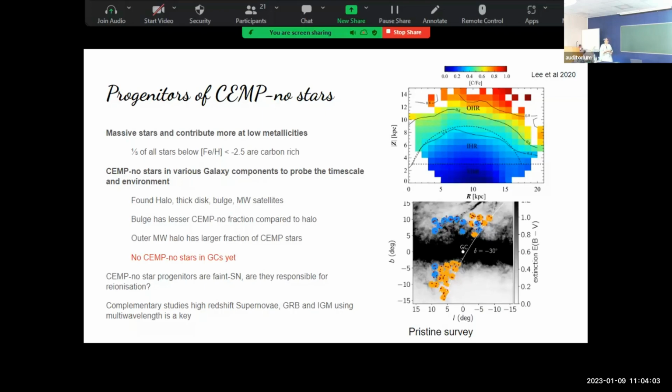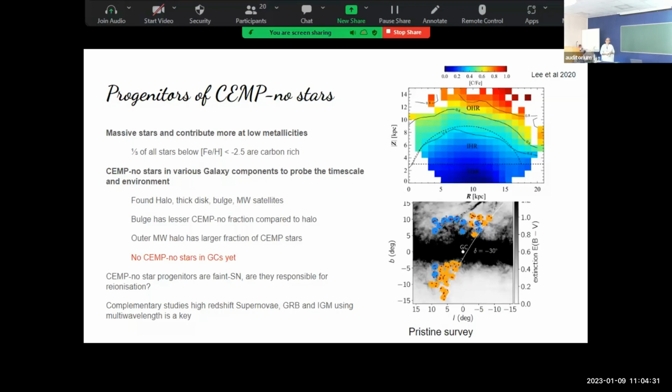This is the favored thing, but it should be confirmed based on high-redshift observations. High-redshift supernovae should have these kinds of faint supernovae dominating, and that should be noticeable. Also, the intergalactic medium abundances at high redshift should show higher carbon abundances if this were real. But we don't reach that high redshift with the current observations.